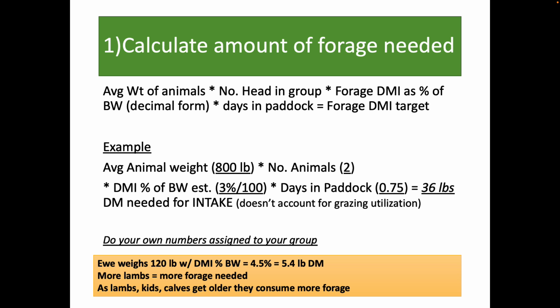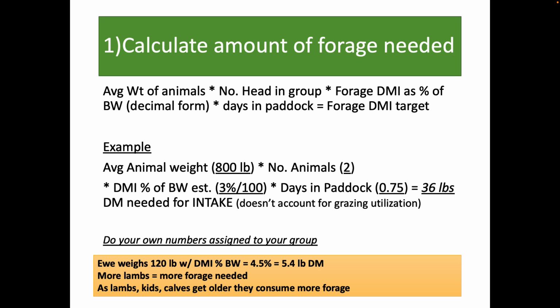All right, so what you then are going to do is skip down here, and you've got your actual 63, 64 pounds that you're going to have in that group for 3/4 of a day. You pull that number down into number 3A. That's 63 pounds of forage dry matter needed by the 2 cattle that you have.